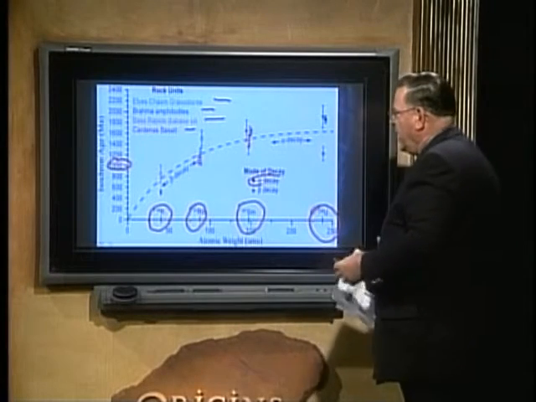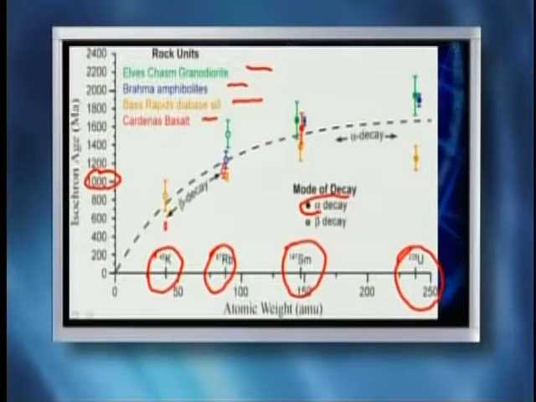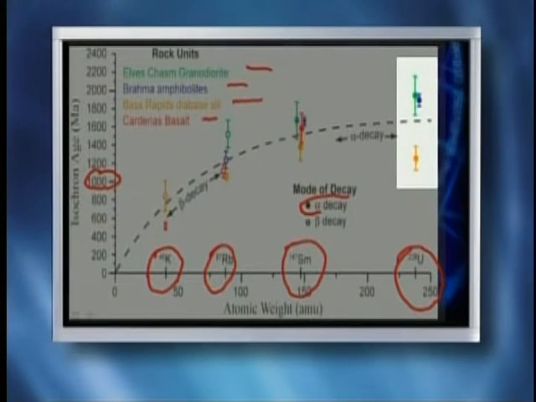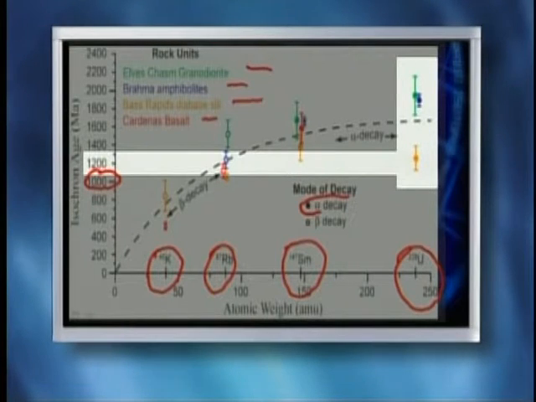But they don't agree. And you notice the vertical lines through these data, those are the error bars. These 3 samples here are all from the same rock, and they should have exactly the same age. This estimate says that it's about 1 billion years old, plus or minus a small amount.